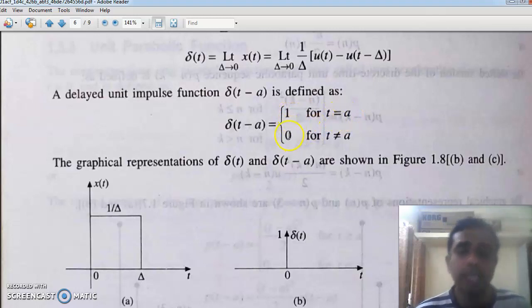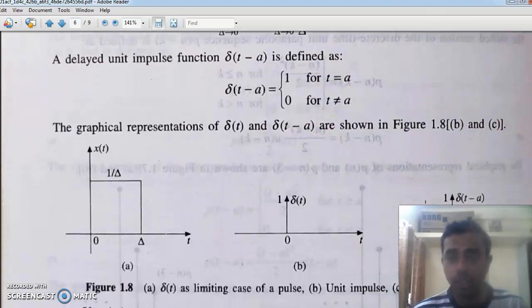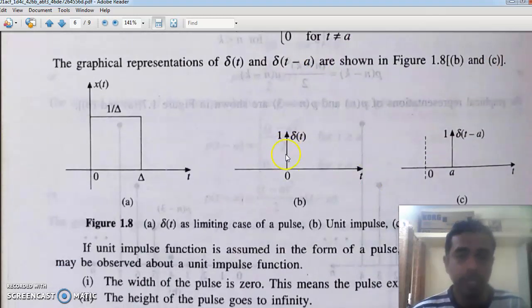For all other values, for t not equal to a, the value is 0. That is shown here. This is delta of t; it has a value only at t equal to 0, of height 1. And delta of t minus a has a value at t equal to a.